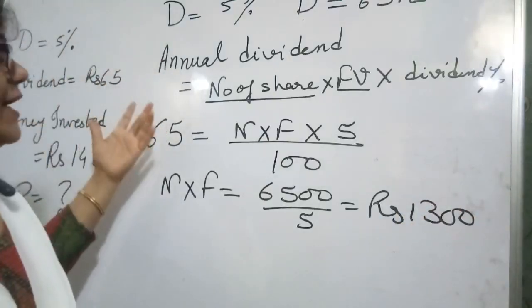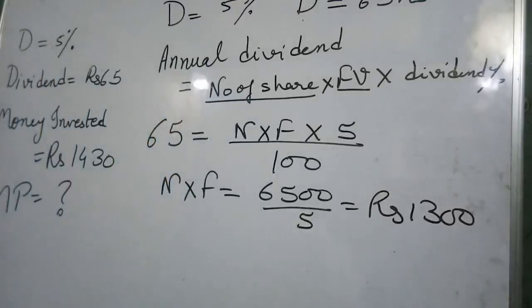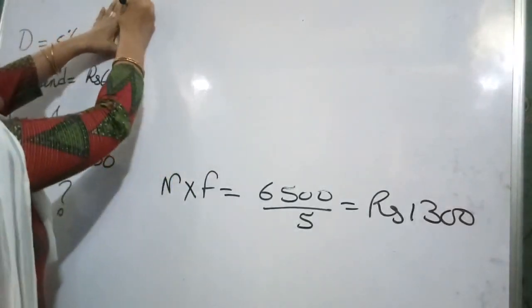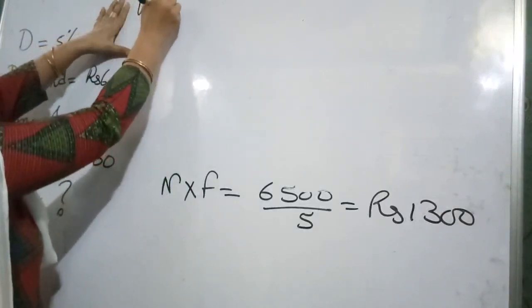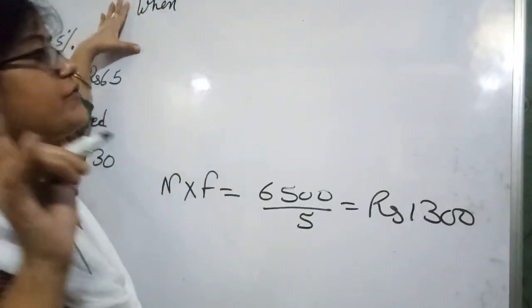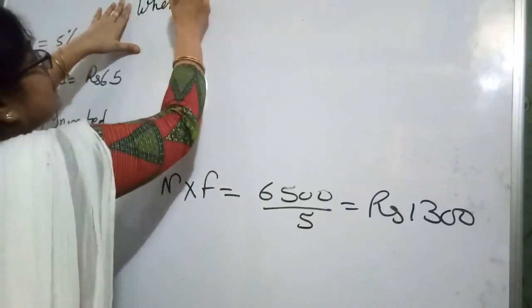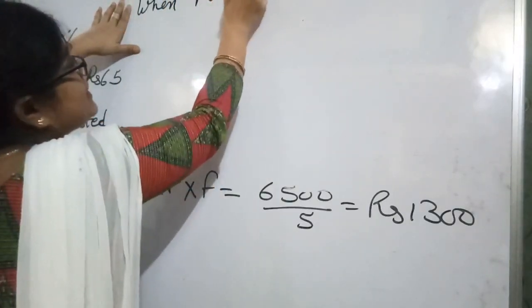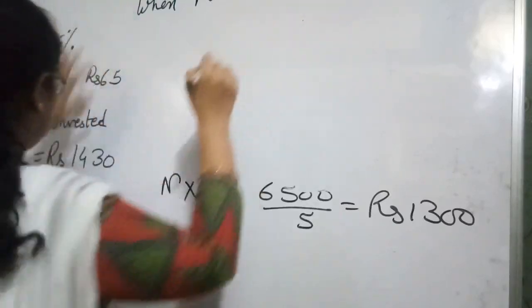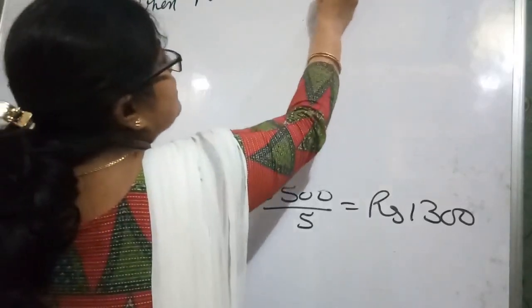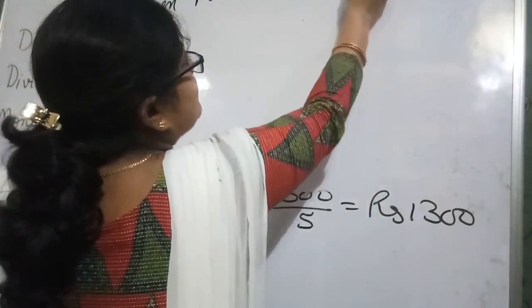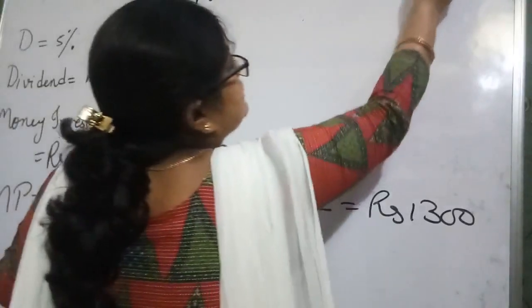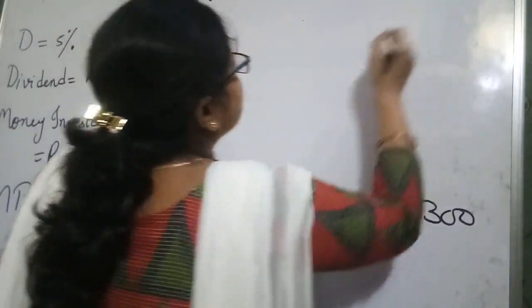Now what do we do next? Here we use the unitary method. When the face value investment is rupees 1300, then our actual market price is 1430.